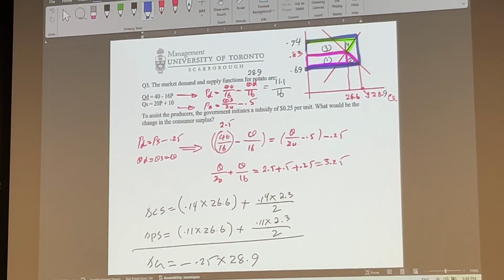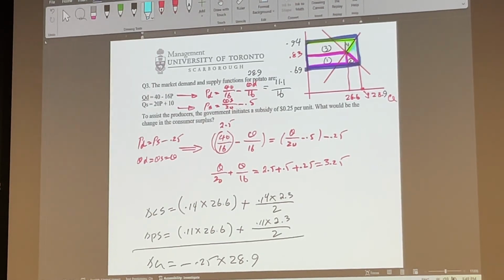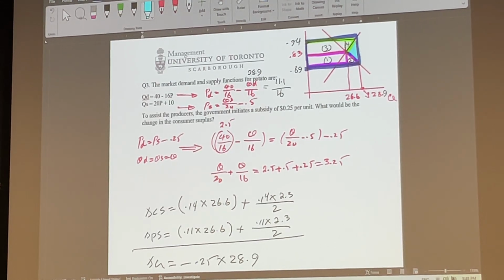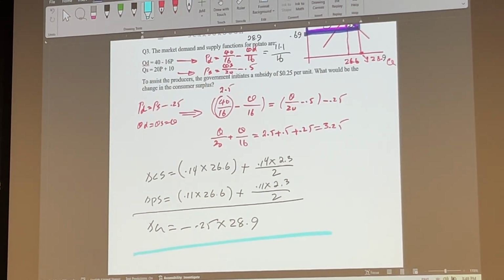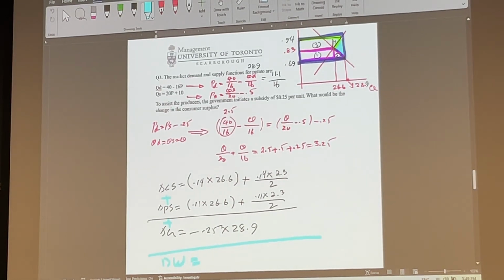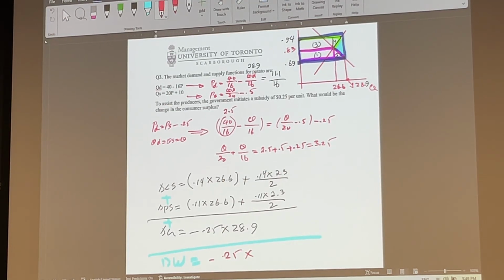So graphically, the deadweight loss as before should be this area. If you sum these 3, you get DW. It should be equal to 25 cents multiplied by 2.3 divided by 2. That's what you should get, right?